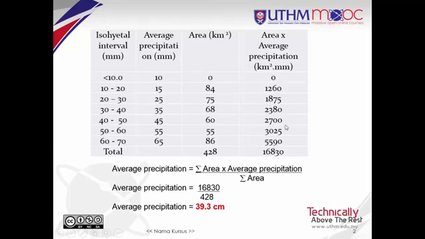Sum these volumes to get the total rainfall volume. Then divide it by the area of the watershed to get the average areal precipitation. For this example, the average precipitation equals 39.3 centimeters.